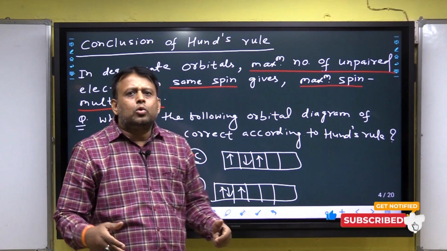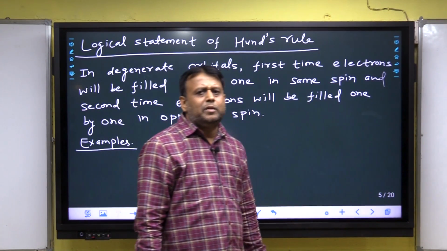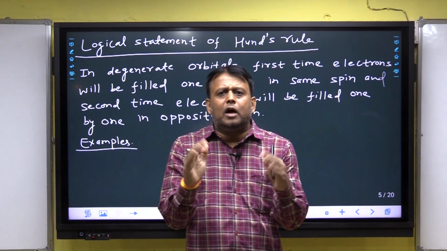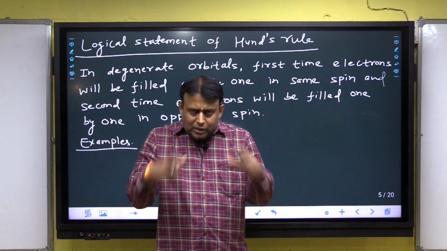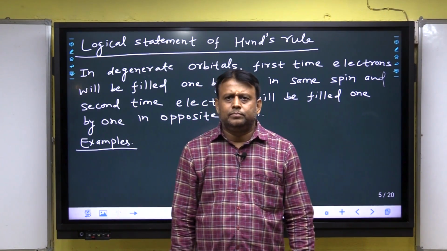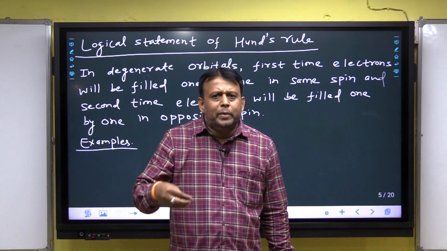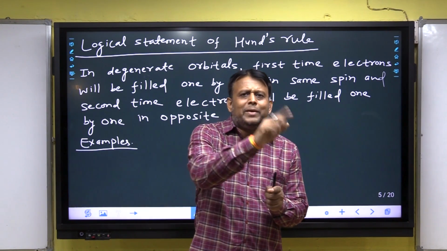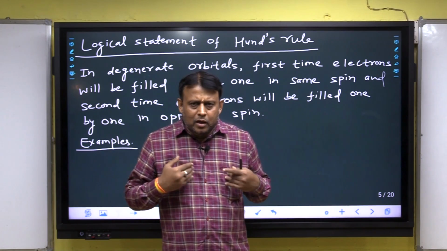Now, conclusion of Hund's rule. Listen, the logical statement of Hund's rule. Listen carefully. Logical statement: in degenerate orbitals, electrons will be filled one by one in the same spin the first time. I am repeating.